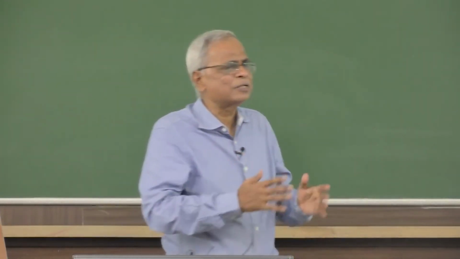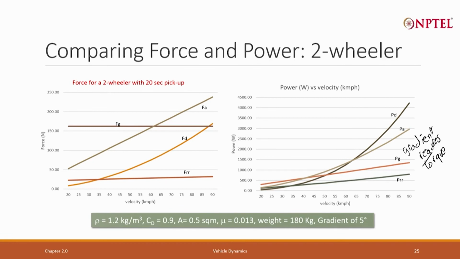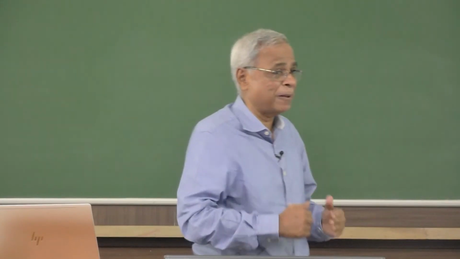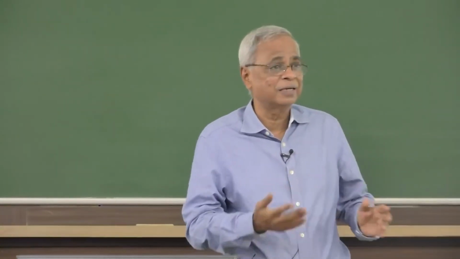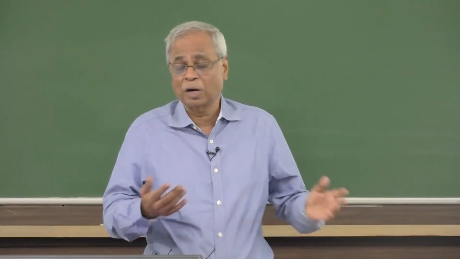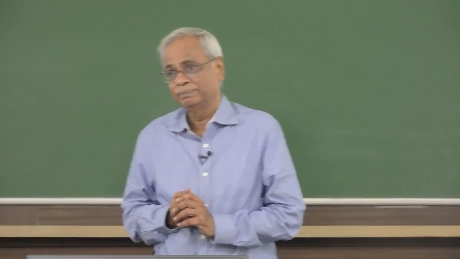So this is what a two wheeler needs, and this is of course slightly low end, slightly low weight. It is 200 kilogram including passengers. There are 250 and 300 kilogram vehicles, where the appropriate force required will go up.